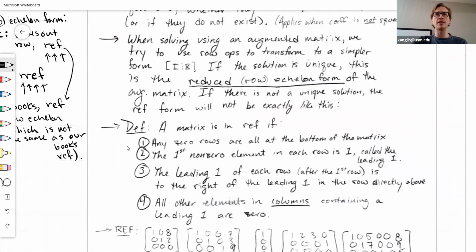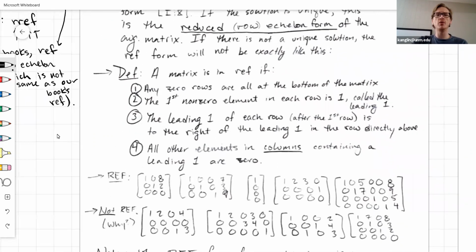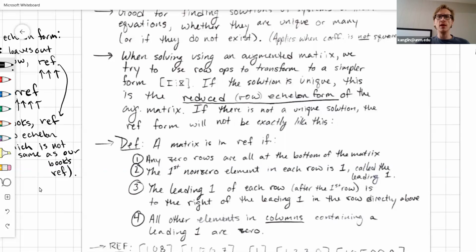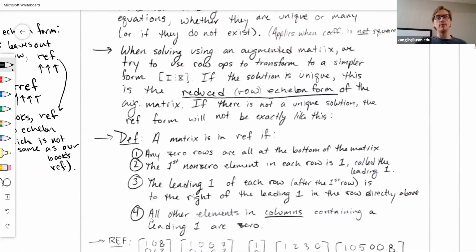So let's look at a definition of a matrix that is in this REF form. This definition is not going to be too hard to understand, and I think it's going to be easiest to understand by example, actually. Let's talk through it. A matrix is in REF form, this reduced row echelon form, if all these requirements hold. First, any zero rows are all at the bottom of the matrix, meaning any rows that have only zeros in them occur at the bottom of the matrix.